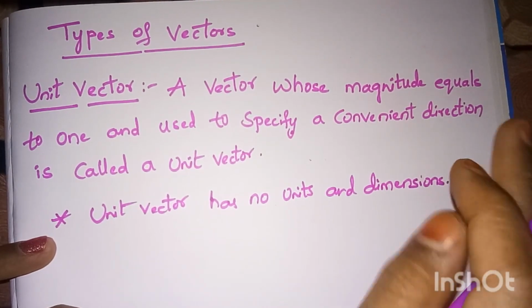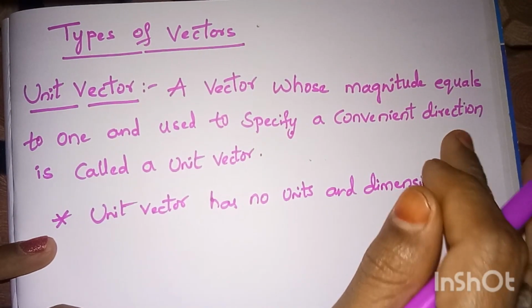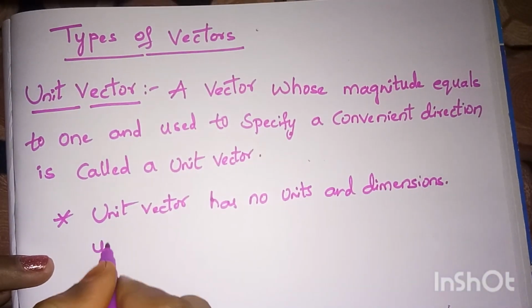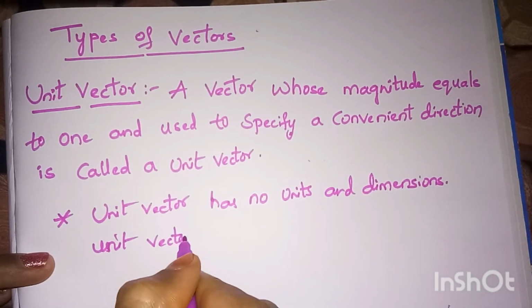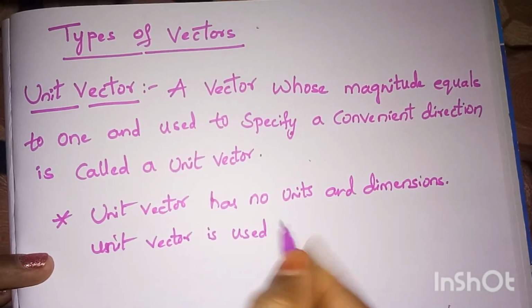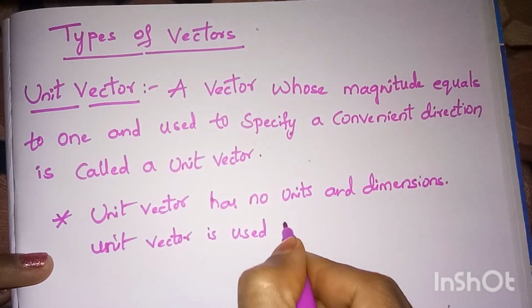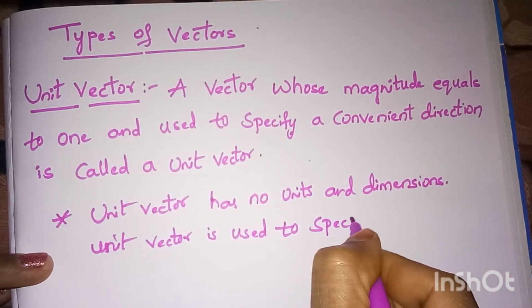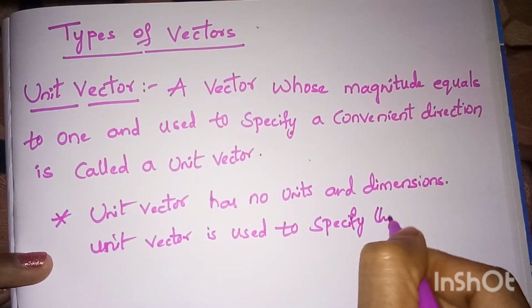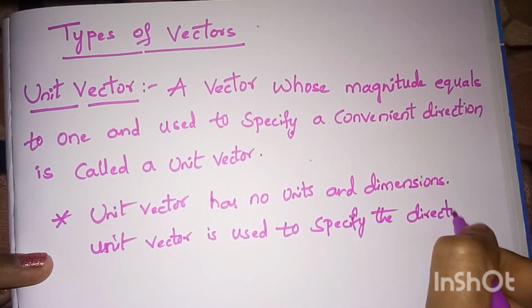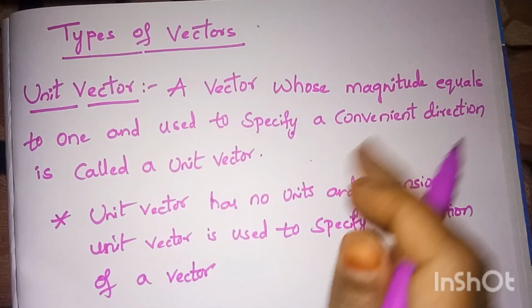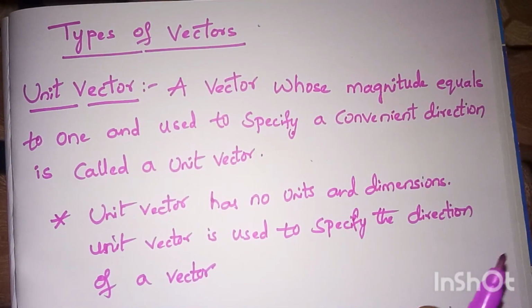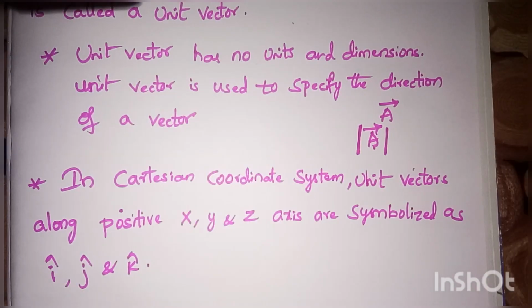And mainly important, the unit vector is used to specify the direction of a given vector. So how will you find the magnitude of a given vector? That we will discuss in the next class.